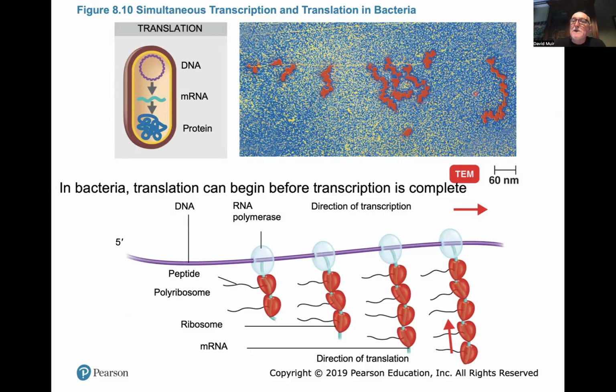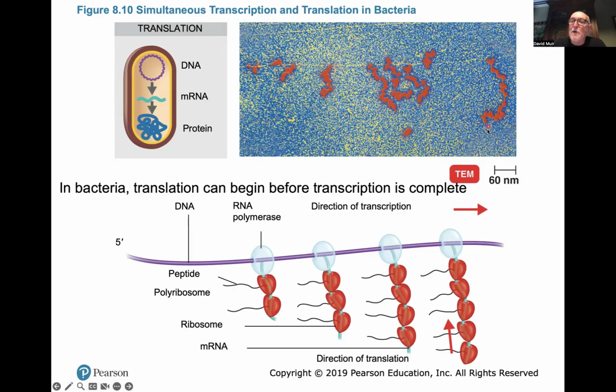But the other thing to ask is, you can't see protein here. All you can see are the ribosomes stuck to the messenger RNA, but the proteins are trailing off behind these ribosomes. Where's the longest polypeptide? Is it this one? We know this has been on longer than that one, but this RNA polymerase here is just busy producing its first bit of messenger RNA, so it's not going to be there.